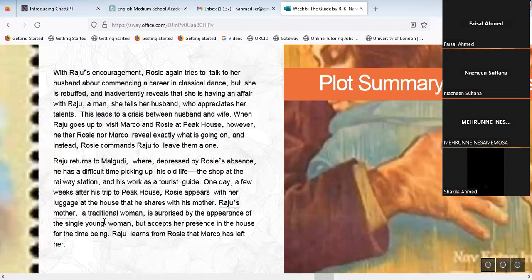Raju's mother, okay? A traditional woman is surprised by the appearance of the single young woman. That means Rosie abandoned her husband and came to Raju's house, okay? But she accepts her presence in the house for the time being. Raju learns from Rosie that Marco has left her.